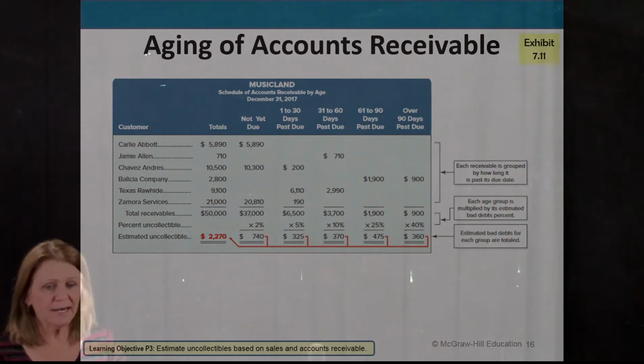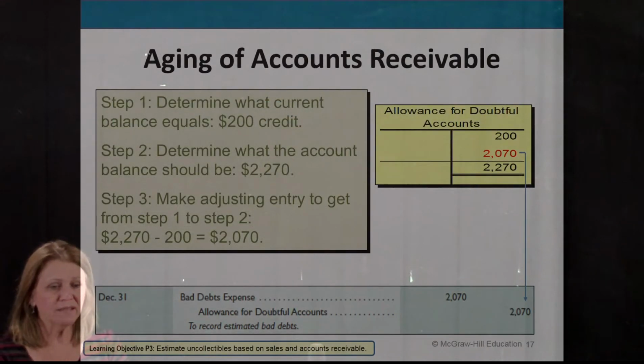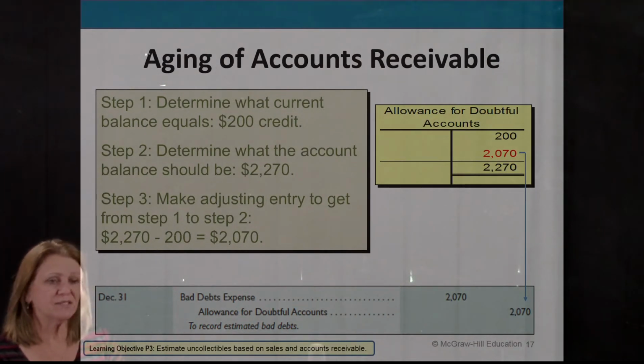You add all that aging up, and it totals $2,270. So we know that we want our allowance for doubtful accounts to have $2,270 in it. At this point, there is a $200 balance, so we would make a $2,070 adjustment to bring that account to where we need it to be.